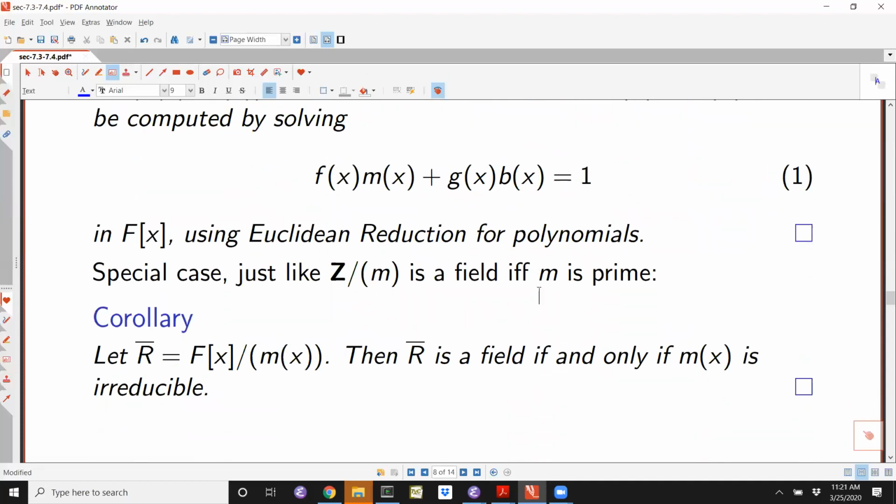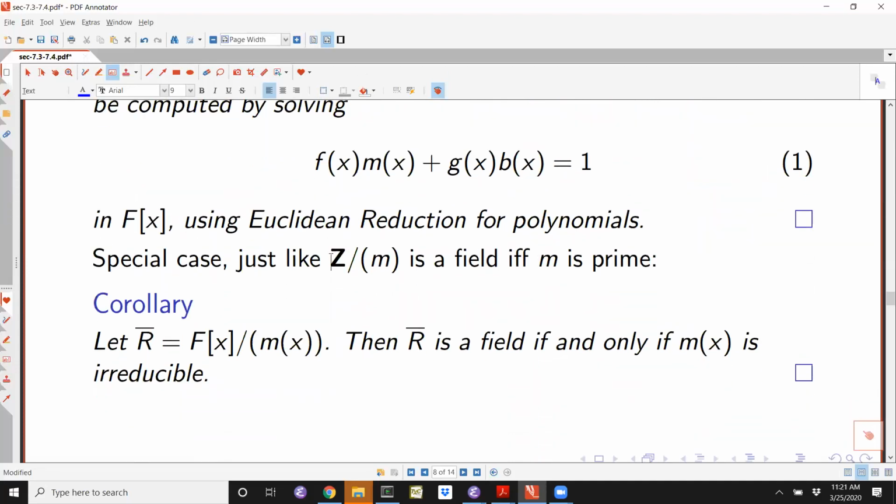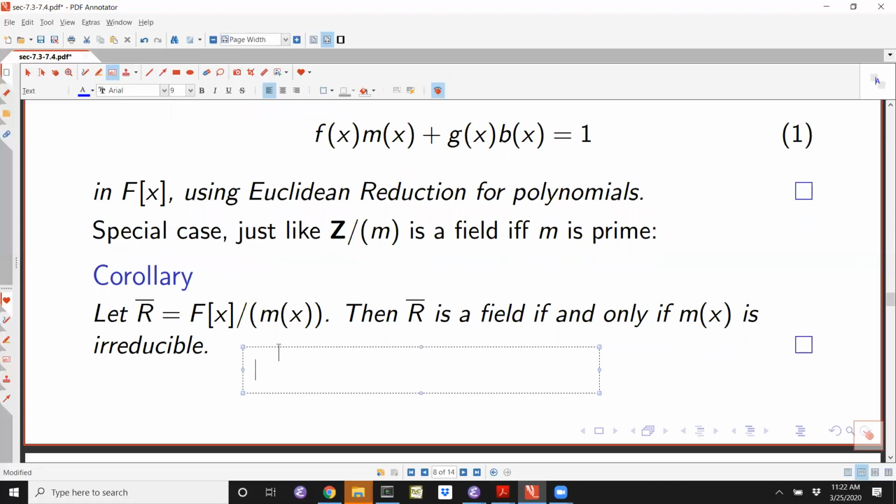And as a special case, just like Z mod m is a field exactly when m is prime, F adjoin alpha, this R bar over here, is a field if and only if its modulus is irreducible. So an irreducible modulus gives a field quotient.